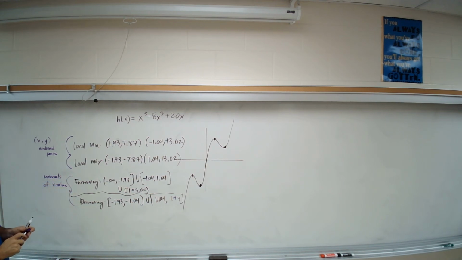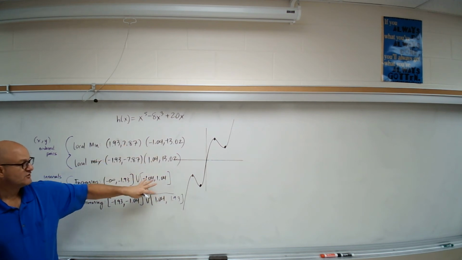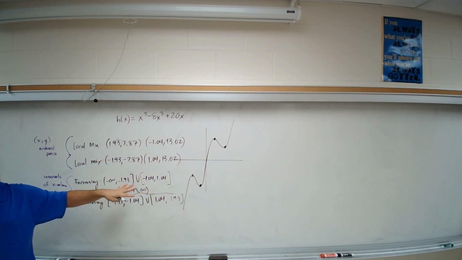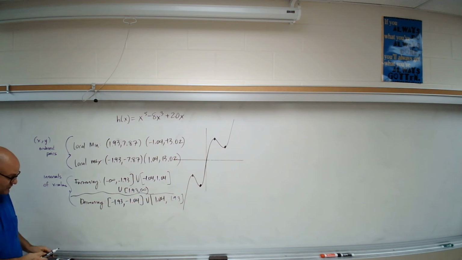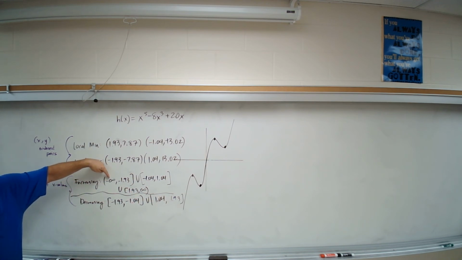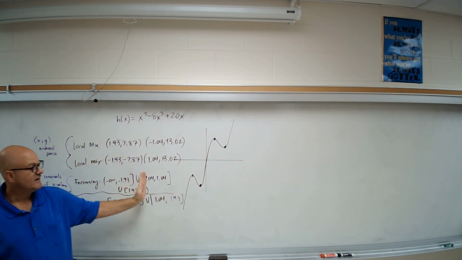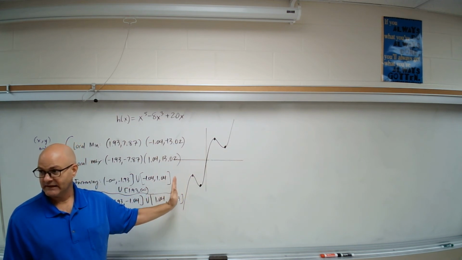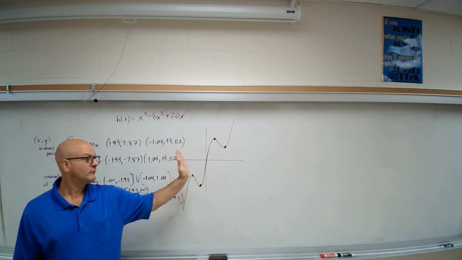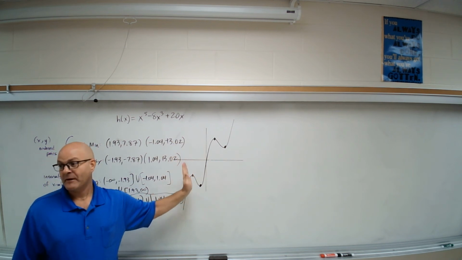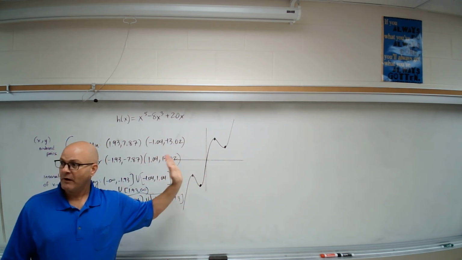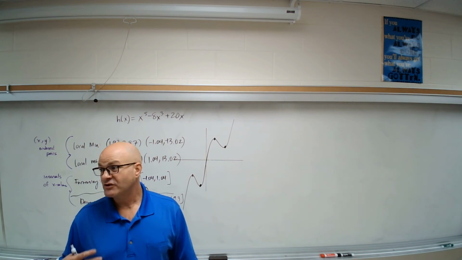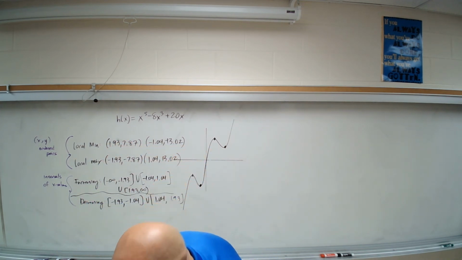None of these numbers that show up here for Y should ever show up down here. What you're doing here is you should make sure that you go from negative infinity and you hit each X as you go over. So negative 1.93. Then the next one from there to negative 1.04. From there to positive 1.04. You just work your way over from small to large. And you shouldn't miss things that way.